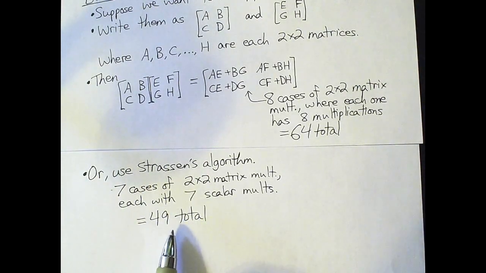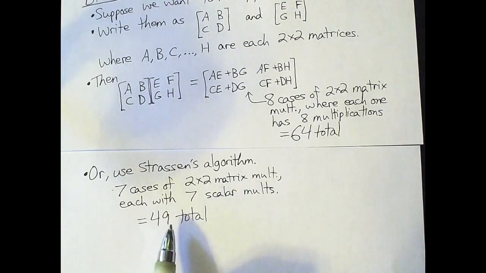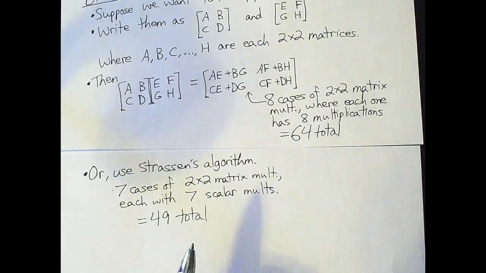Maybe it's more efficient for a computer to answer this problem with 49 multiplications. Now, it would have a lot of extra additions and subtractions. But the idea is that for a computer, adding or subtracting numbers is almost trivial. It's super easy, super fast. We'd like to trim down the number of multiplications, and that's what this does.